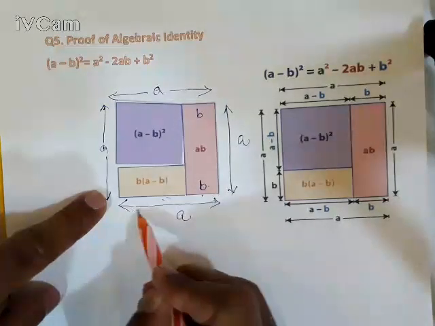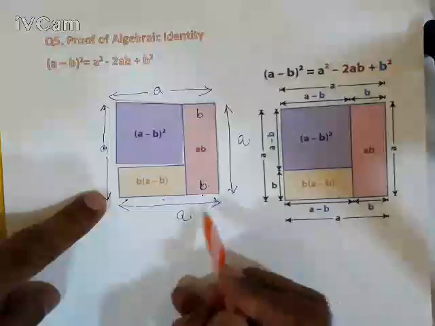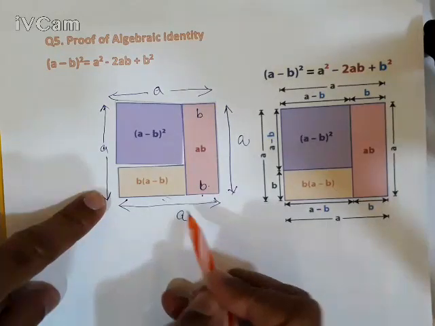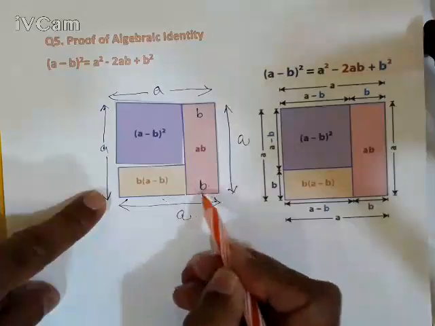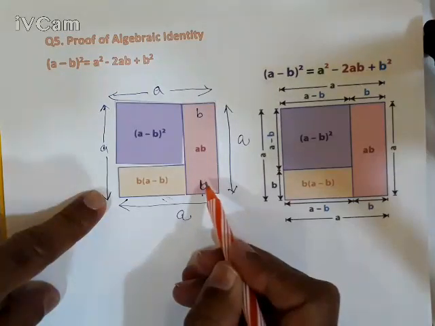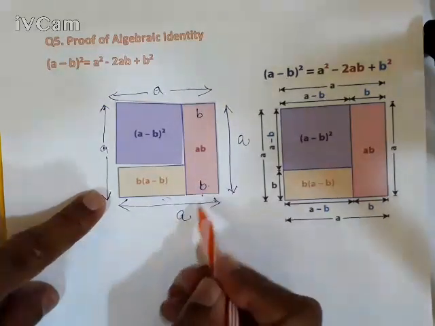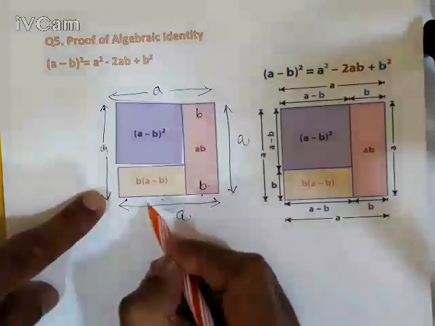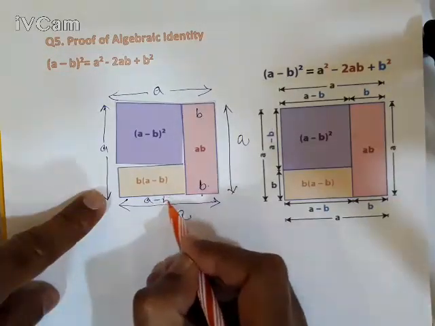As we know that the length of this complete square is a, we will subtract the width b of this smaller rectangle. So if we subtract this b from the whole length of the square, we have a minus b.